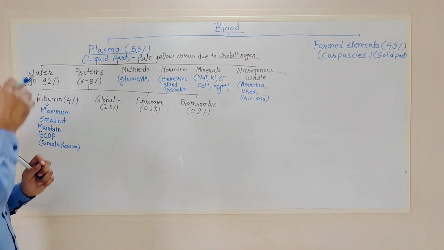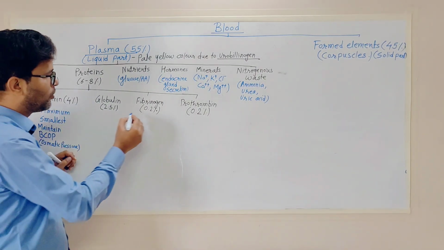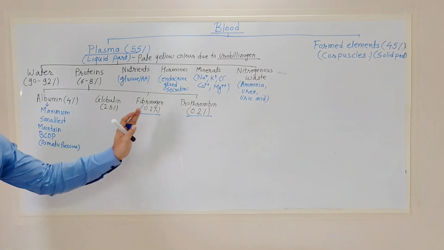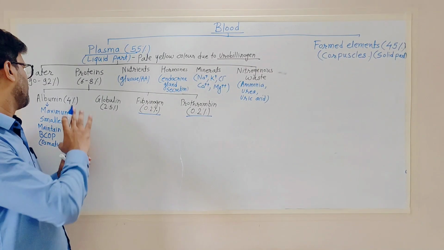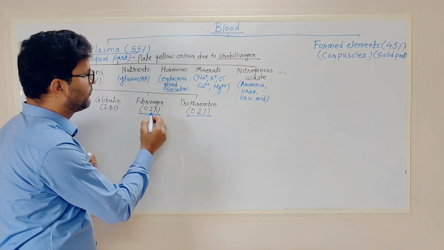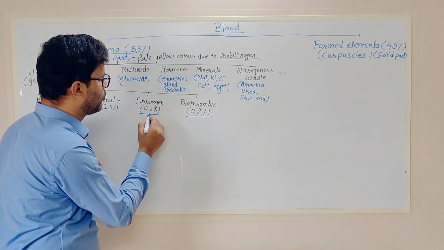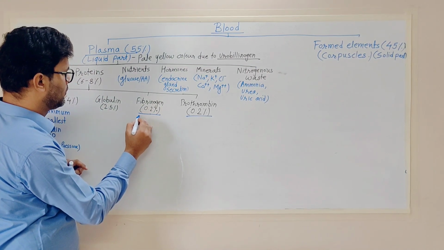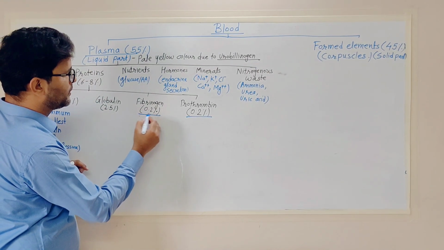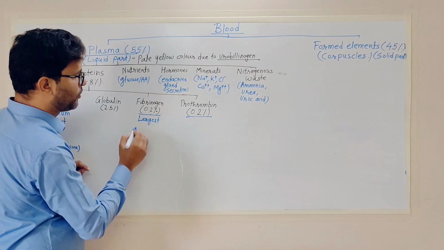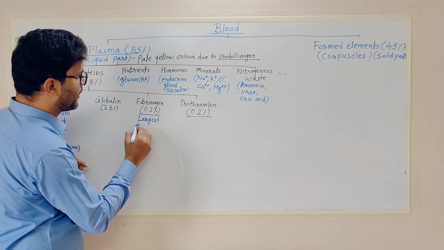Clear? Now in case of fibrinogen and prothrombin, these two are basically proteins which are produced by the liver. Fibrinogen is the largest size of the protein. It is produced by the liver.